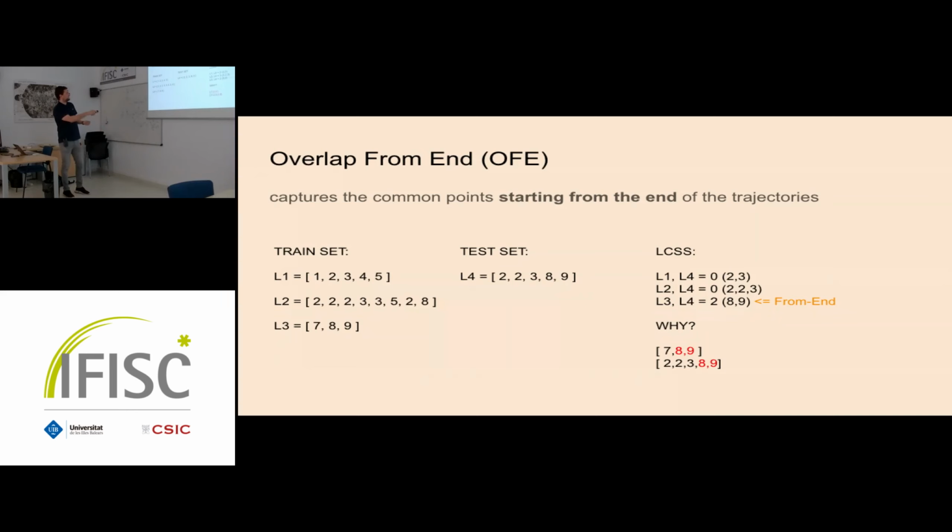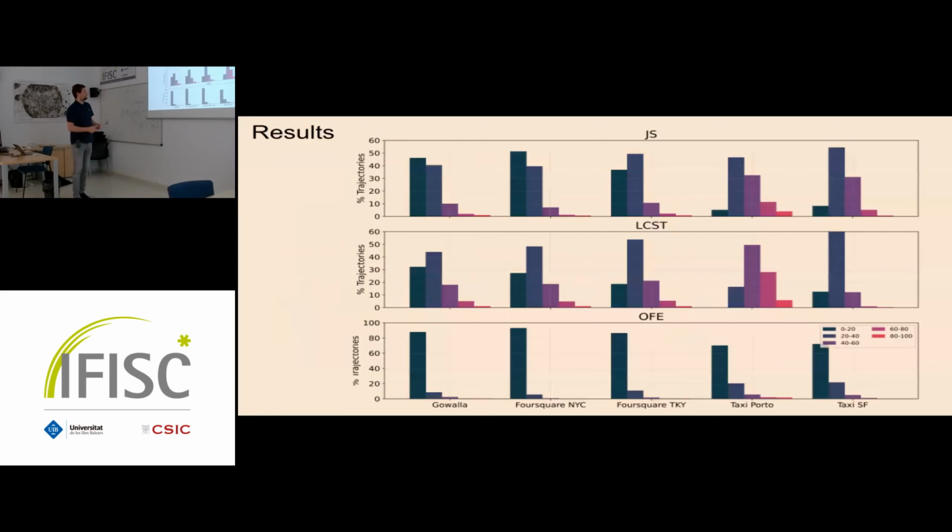Meaning that, for example, this 9 here is supposed to be the end of this test trajectory, so you just have an overlap with this trace here. The last number of such a trajectory must be a 9 to have an overlap. You cannot just have a 9, for example, here, because it makes no sense. So we just want to take everything from the end to understand the importance of having, let's say, recent locations as a potential proxy for a prediction.